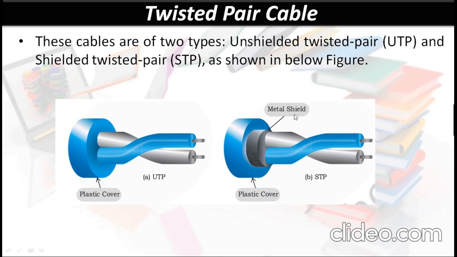STP has this metal shield, whereas UTP doesn't have a metal shield. Now, UTP is actually the most commonly used medium today. It is used in telephone systems, and it can carry both voice as well as data.